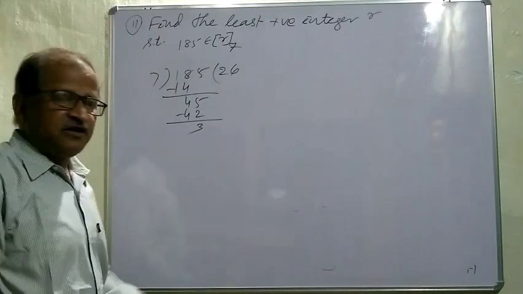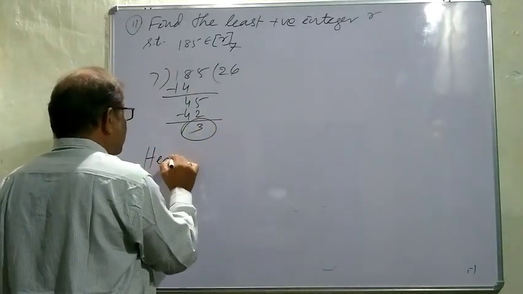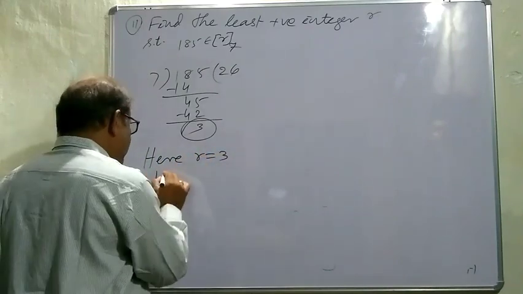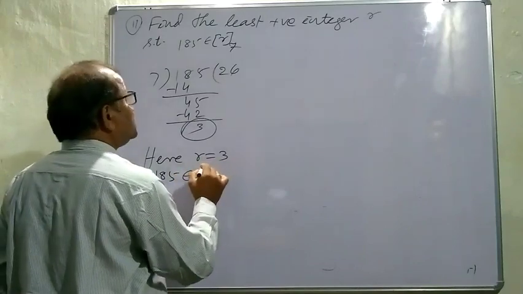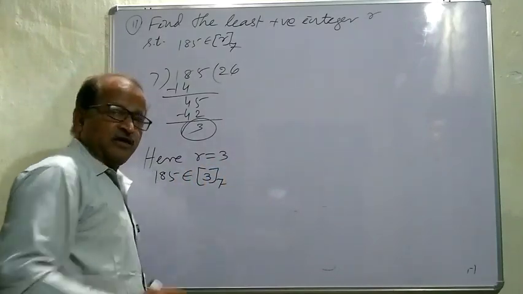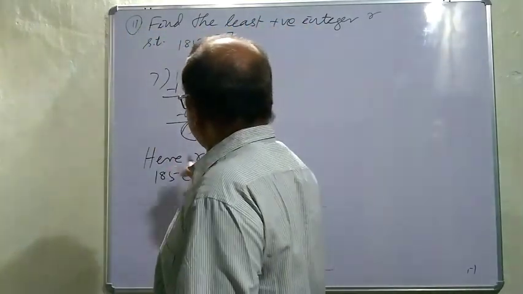The remainder is 3. So here R is equal to 3. That means 185 belongs to the equivalence class of 3. In this way, if it is asked, you can solve it.